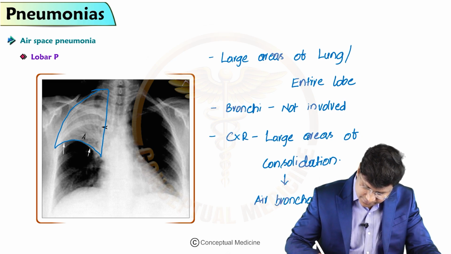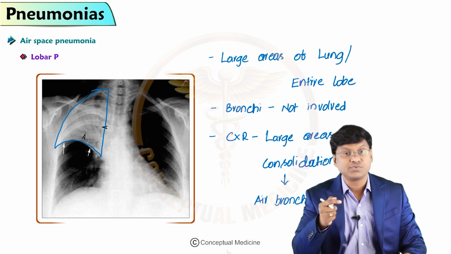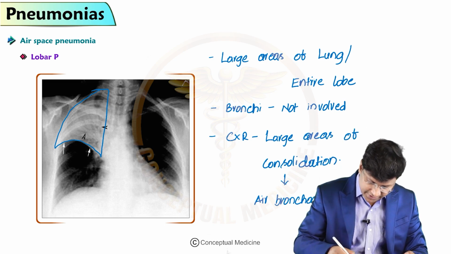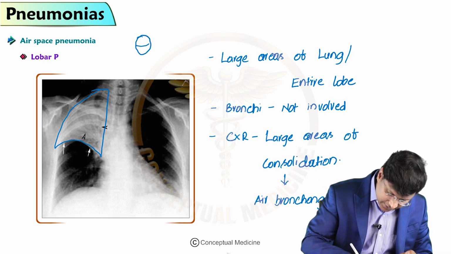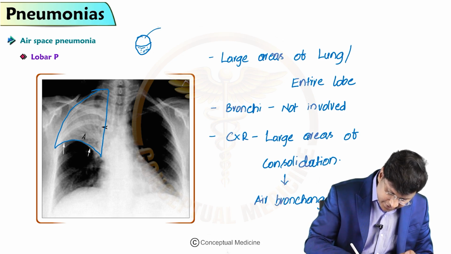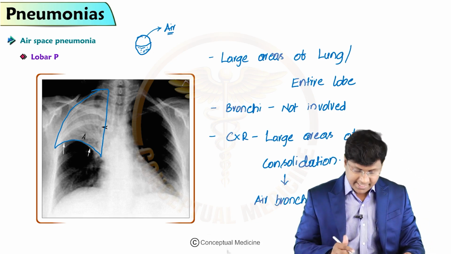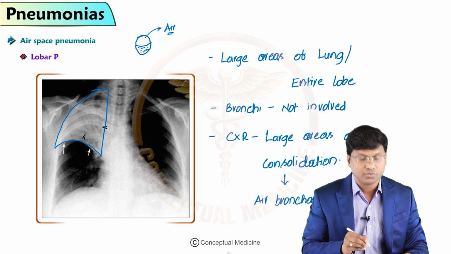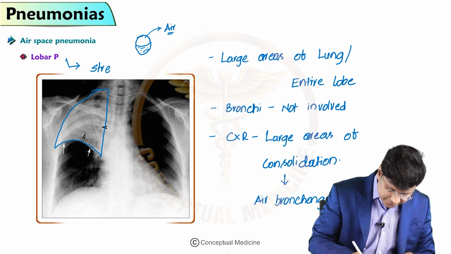Air bronchograms are those where you have the presence of air as well as alveolar fluid. If you take, this is the alveoli, and this will be the fluid and this will be the air. This is what is called air bronchograms. And the most common organism causing lobar pneumonia will be Streptococcus pneumoniae.